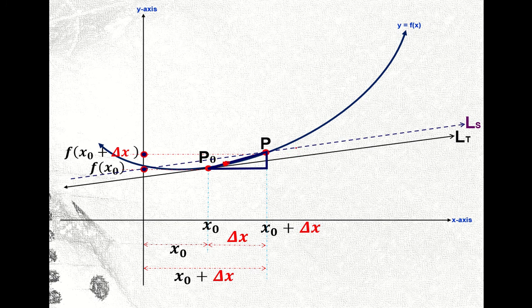Our secant line will move down, touching this point and this point here, but now it's very close to LT. So we can say that as P gets closer and closer to P sub 0, this is now our new delta x, as delta x approaches 0.